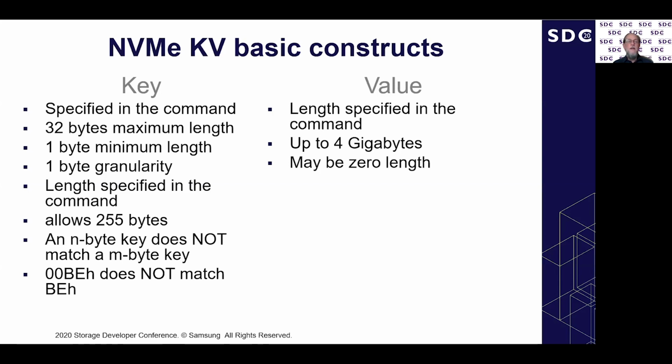An N-byte key does not match an M-byte key. And that is actually a very important fact to be aware of, in the fact that if you have a 2-byte key that is 00 Baker Echo hex, that does not match a 1-byte key that is Baker Echo hex.